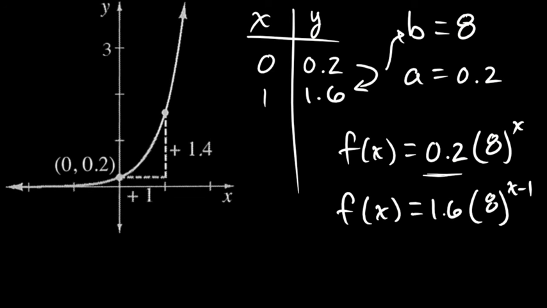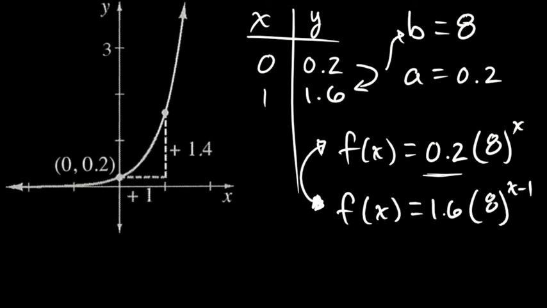And if I put 0 into the second one, it's 1.6 times 8 to the negative 1, which does take me back to the 0.2. But if I put in a 1, it becomes 1.6 times 8 to the 0 power, which gives you the 1.6. So both of these, if I was to graph them, are identical to each other. They have the exact same outputs at the same time.